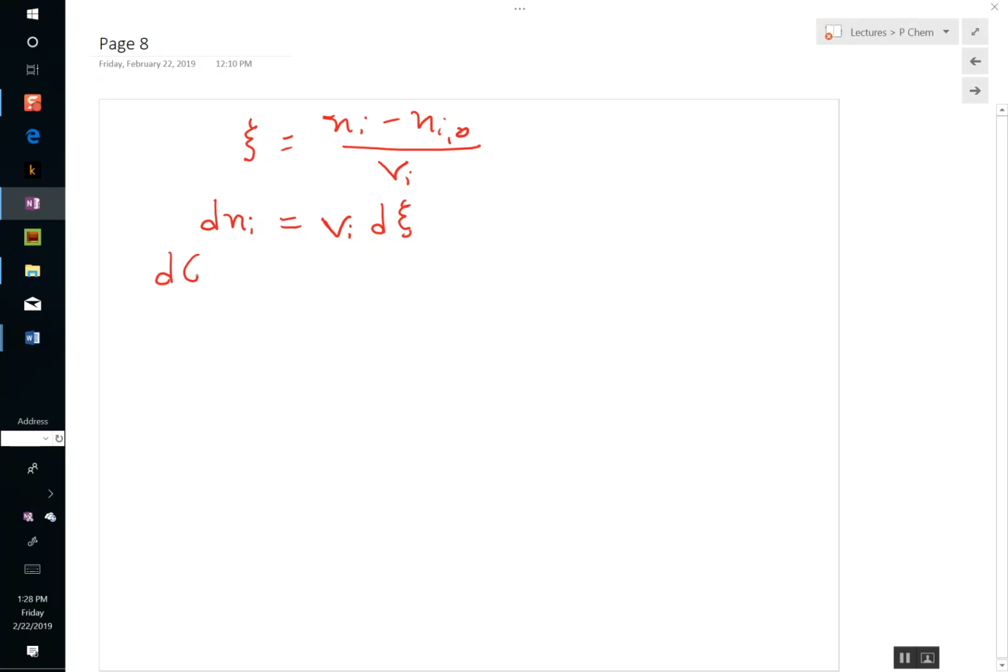And if we go to dG, we go back to our fundamental equation.